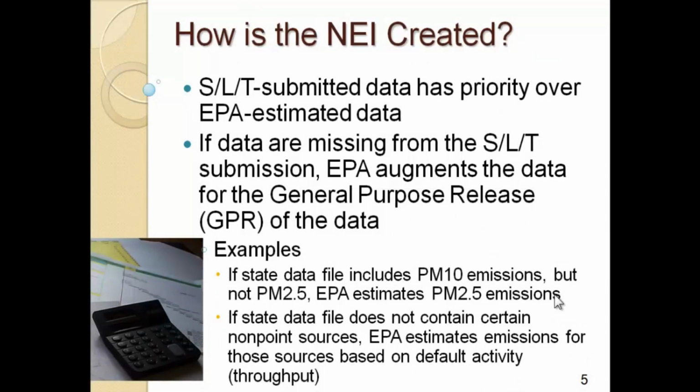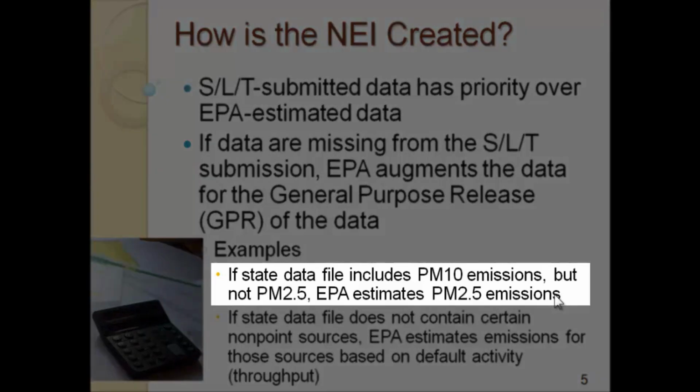And the GPR data is what we provide you to import into your TEISS project. An example of this is that if a state data file includes PM10 emissions, but not PM2.5, EPA estimates the PM2.5 emissions based on the PM10 emissions and adds those emissions to the NEI GPR data.